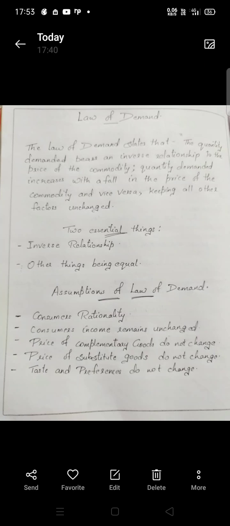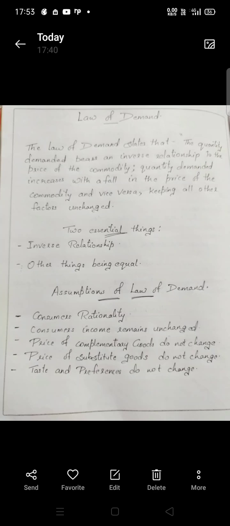Clear? Now, in simple words, as the price falls, the quantity demanded increases and vice versa, keeping all other factors unchanged. From the above definition, two things are clear to us: inverse relationship and other things being equal.